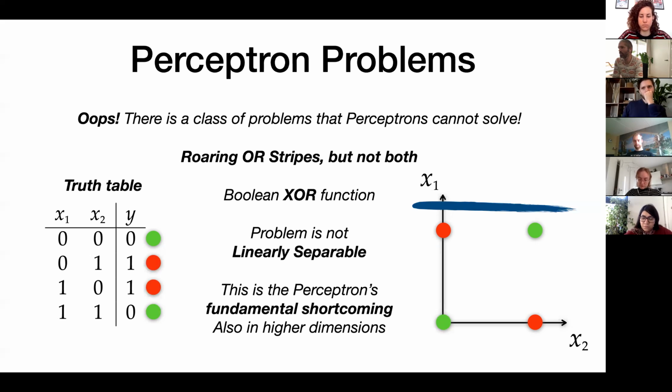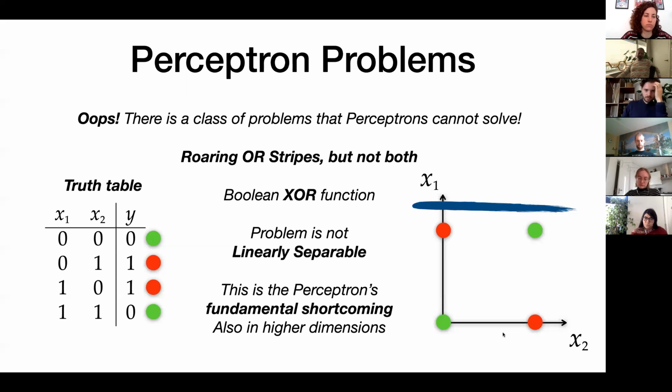The XOR operation is a nonlinear operation, and this extends to higher dimensions, and it really reveals the perceptron's fundamental shortcoming. It cannot do this nonlinear type of problem, where the problem space, of which this is the simplest possible example, cannot be divided up by a single straight line, because that is the fundamental property of the perceptron that makes it handicapped in this situation.